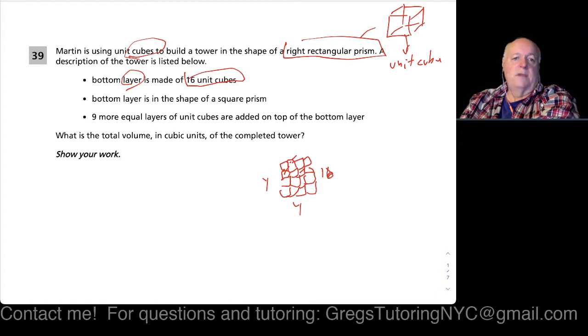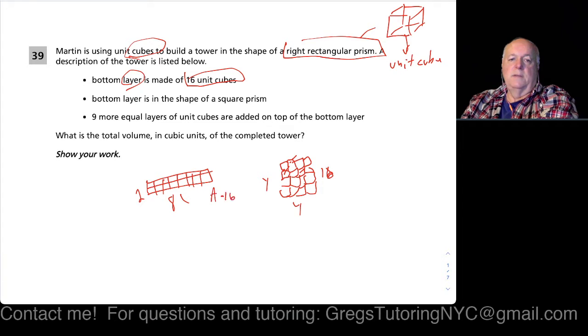Okay, we could also have other scenarios though. We can have a 2 by 8 as the bottom. This is a 2 by 8. This also has an area of 16.